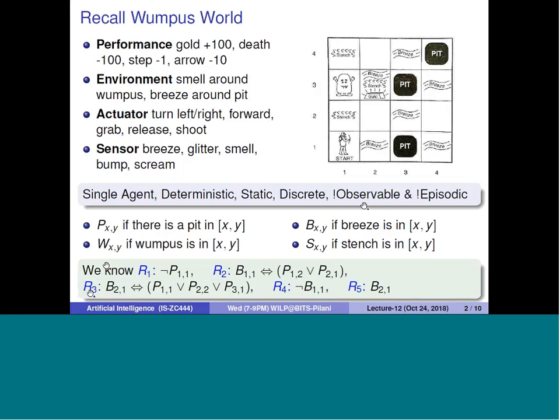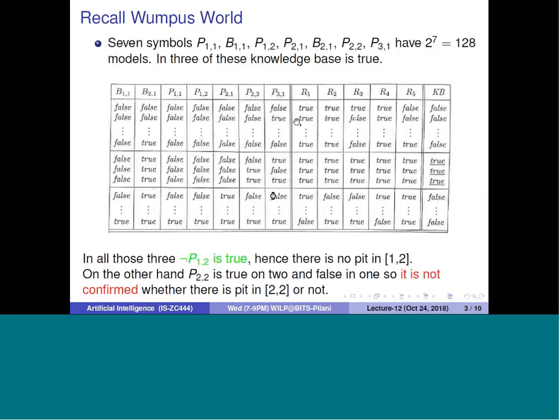This was one way to create knowledge. And when you have some knowledge, you can create the table and come up with an understanding, such as here we have come up with the understanding that there is no pit in 1-2, given this information, and therefore you can take the step forward. So that is one way.